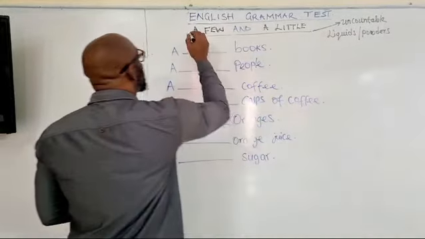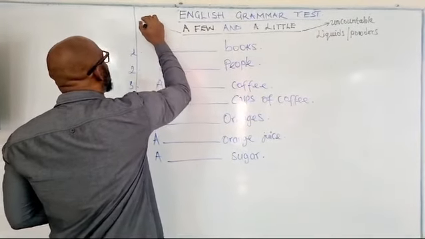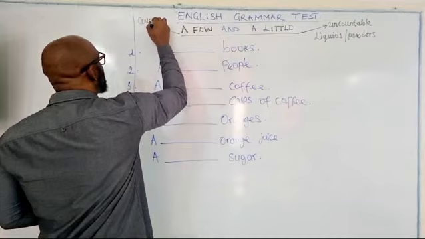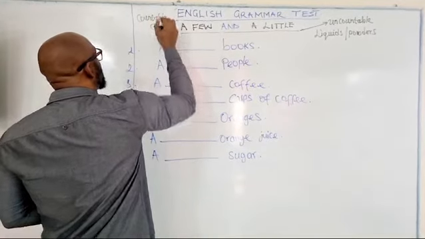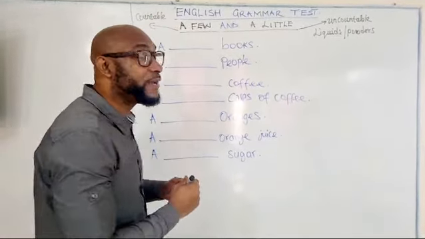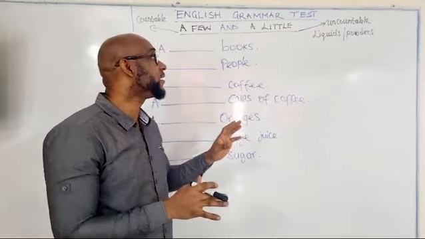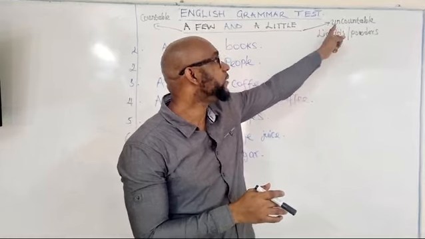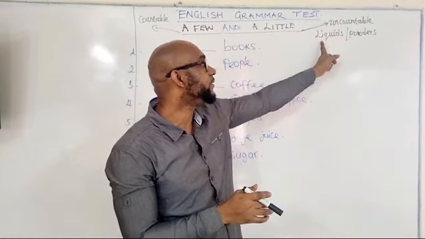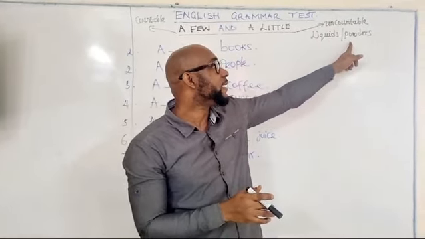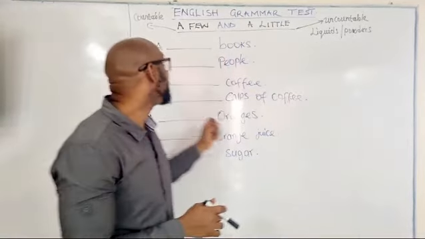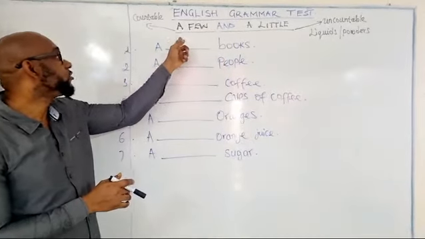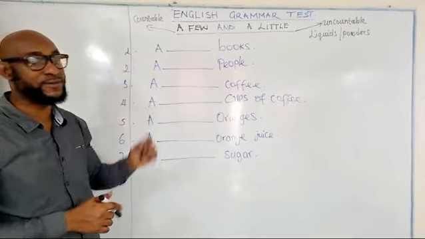Now, when we talk about "a few," we're referring to countable nouns. Countable. This is very important. This is just the difference between "a few" and "a little." "A little" refers to uncountable nouns, for example, liquids and powders, while "a few" is used for countable nouns.